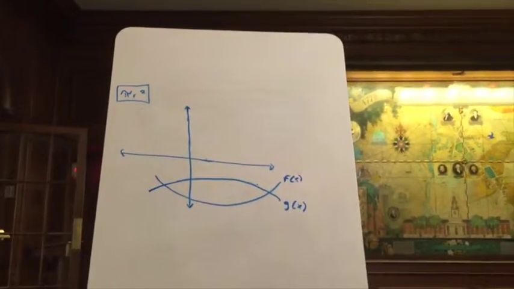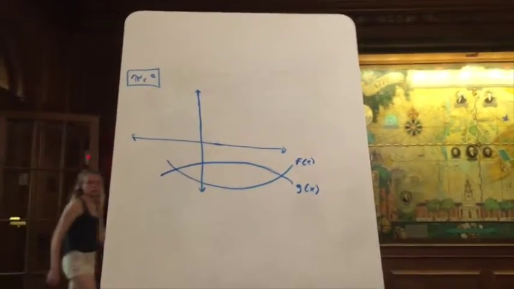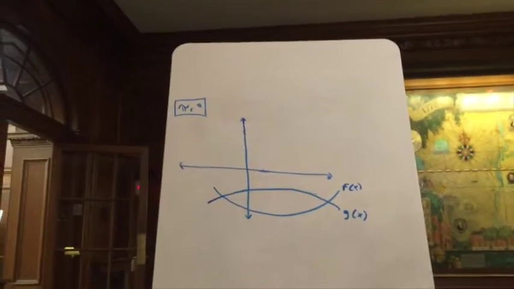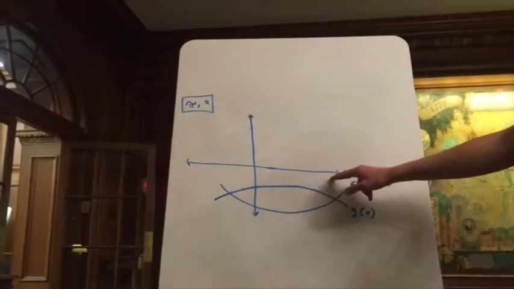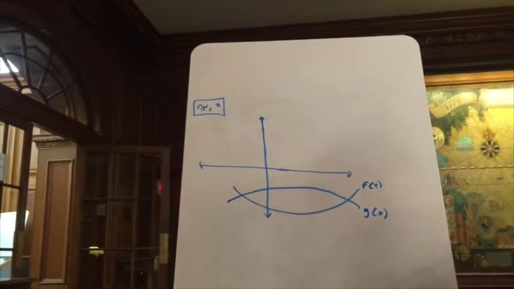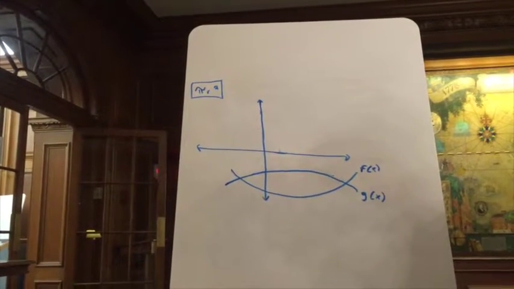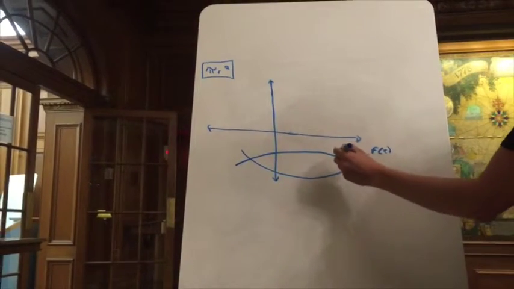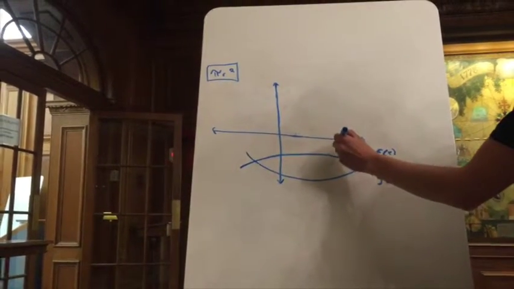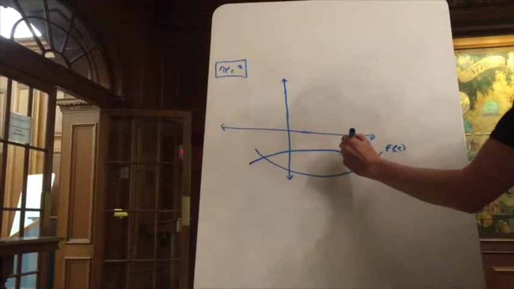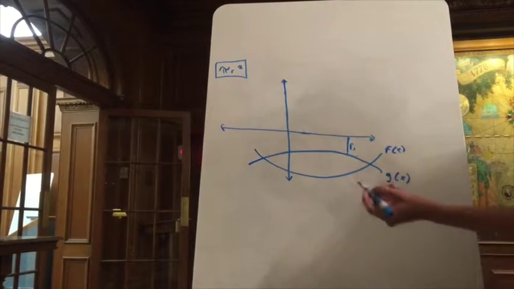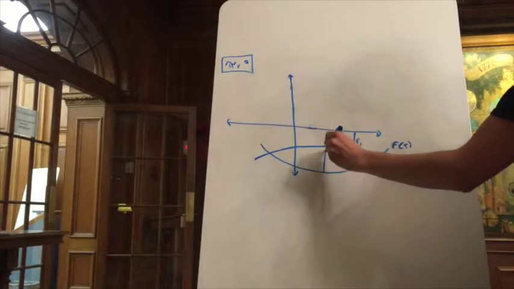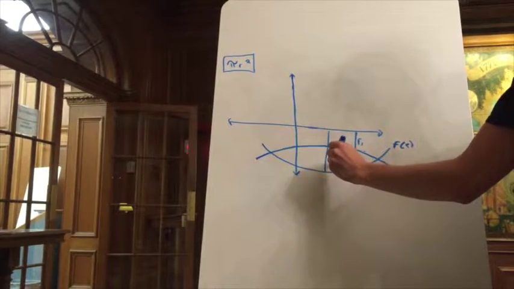For our next example, I will demonstrate how to take the volume of revolution of an object based on the area between two separate curves rotated about the x-axis. So using the same methodology with the radius as before, we could define the radius between g of x and the x-axis as r1, and the radius between f of x and the x-axis as r2.